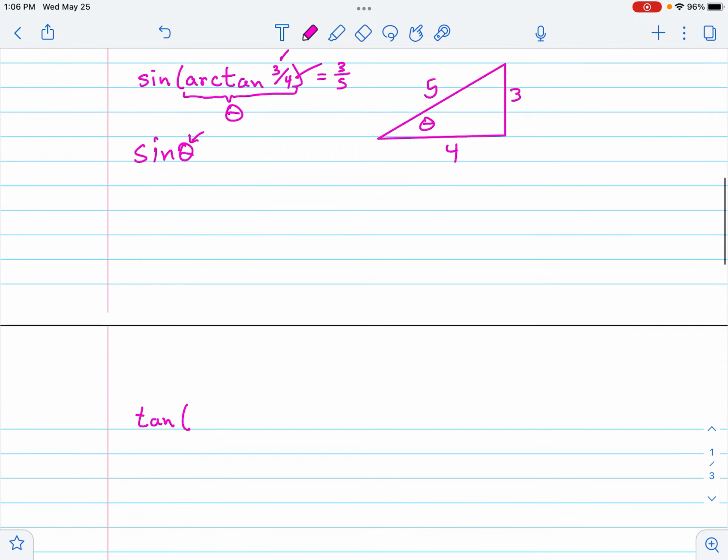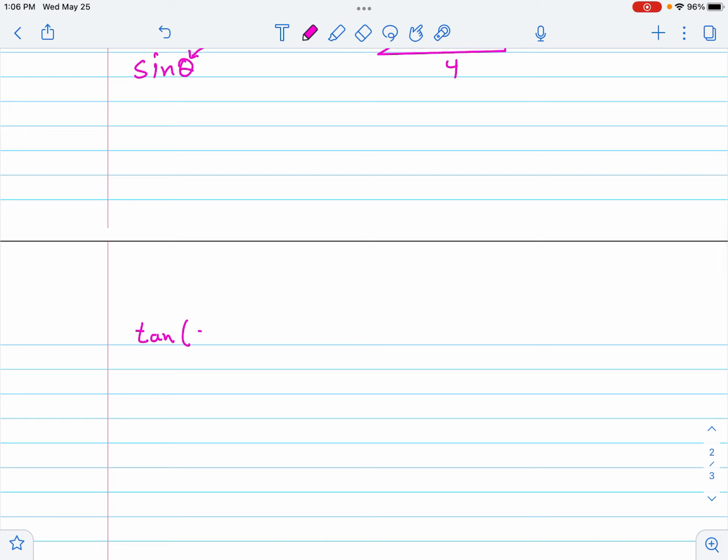Now we could have something like this. Let's suppose that we have the tangent of, let's say, inverse sine of x over x plus 1. Let's suppose we had something like that. So we want the tangent of that angle. Well, now remember how this goes.